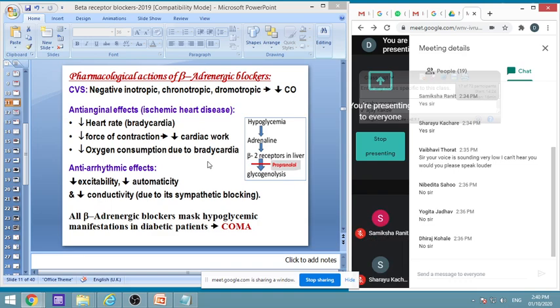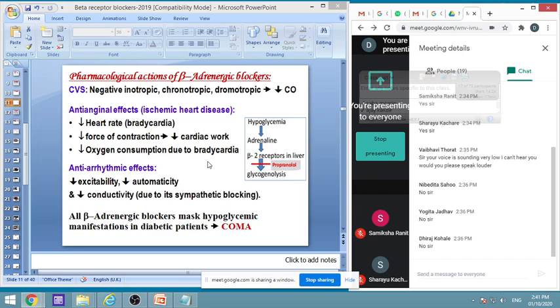I told you earlier that when you study hypertension, most of the antihypertensive drugs are also used in other diseases, and many drugs we study under hypertension are used in various diseases. So beta blocker is a whole big class. We shall see again at the end of these slides how they are used in various conditions.